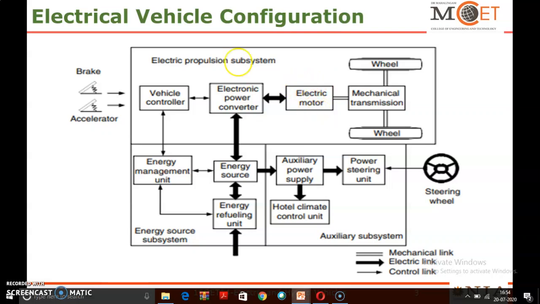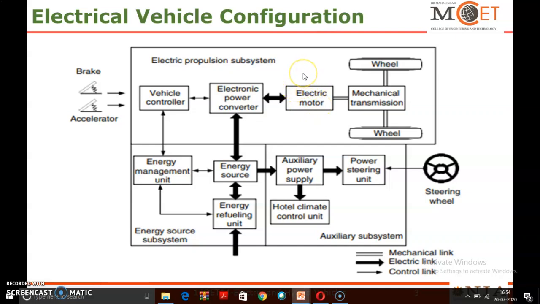Since the electric motor and the mechanical transmission system are coupled with each other, the mechanical transmission system can successfully operate the wheels of the electric vehicle. Suppose when the electric motor runs above the rated speed, then the electric motor acts as an electric generator.